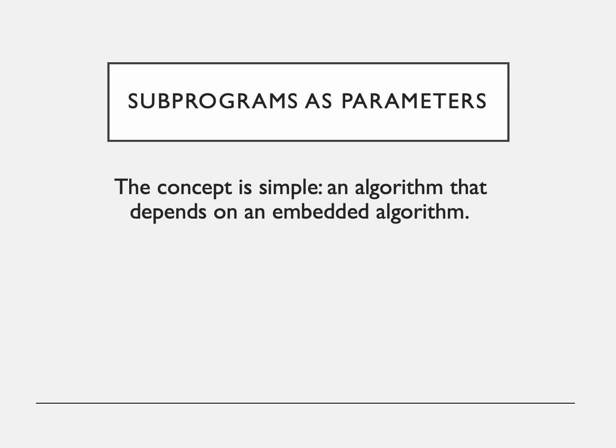A subprogram, which can be a function or a procedure, accepts another subprogram as a parameter. This enables the creation of higher order functions, where functions can operate on or return other functions. This capability greatly enhances the modularity and reusability of code.